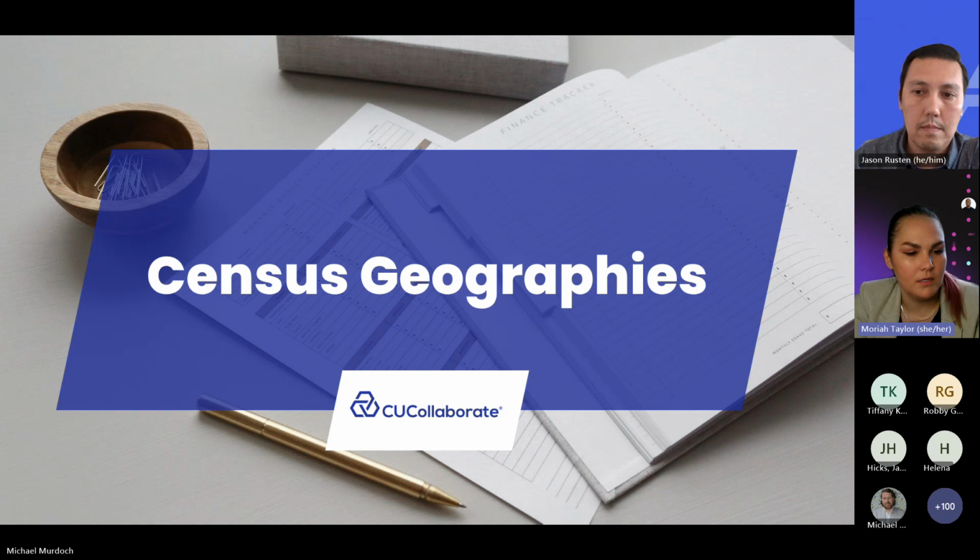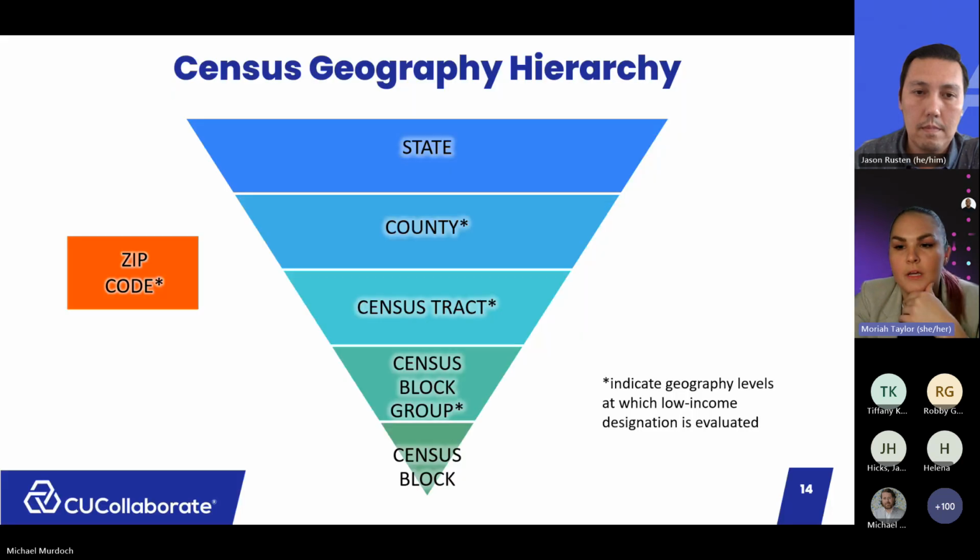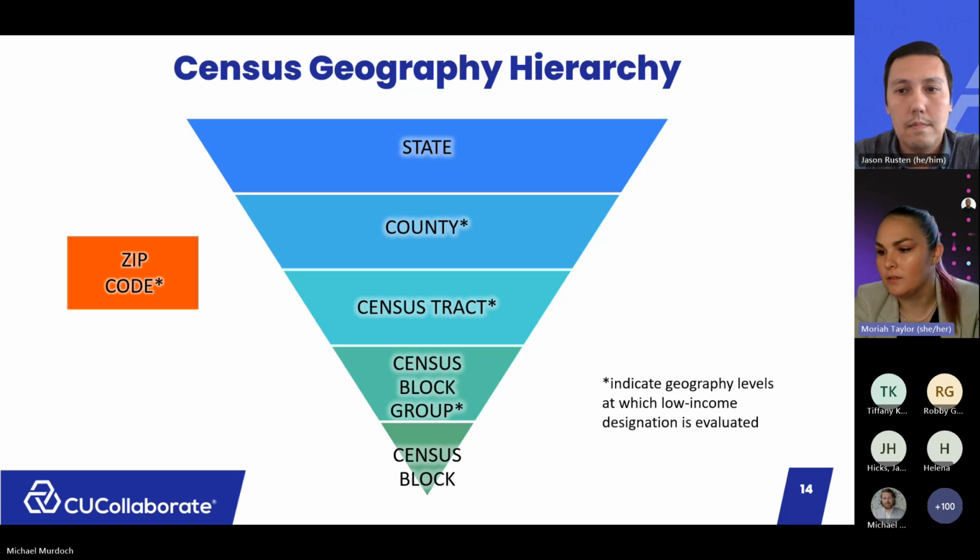On the next slide, this shows what the census geography hierarchy is. At the largest level, you have data at the state level, and then you go down to county, census tract, census block group, and then a census block, which is even smaller than a census block group.